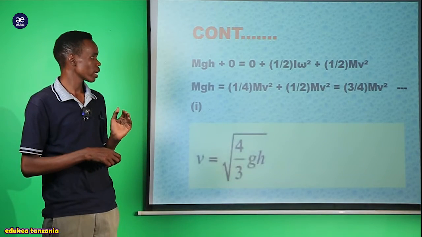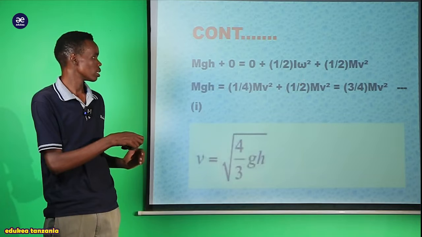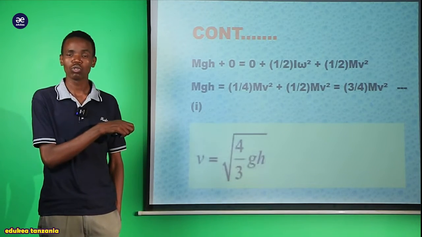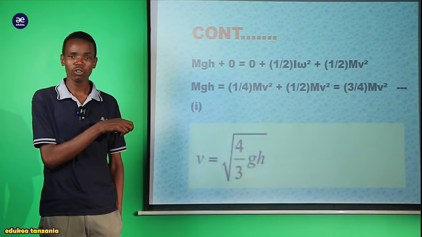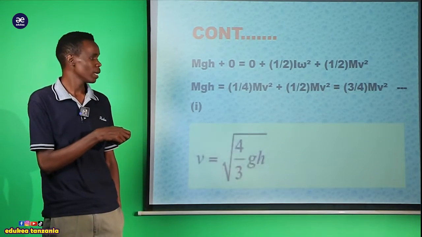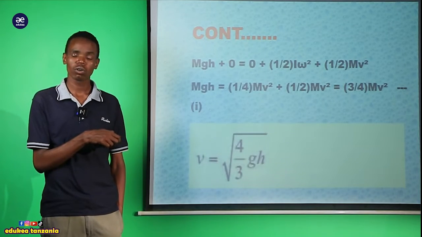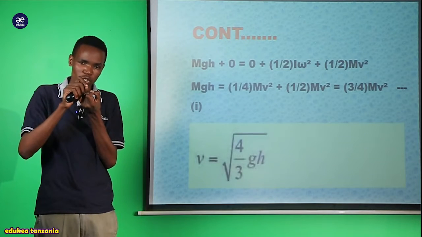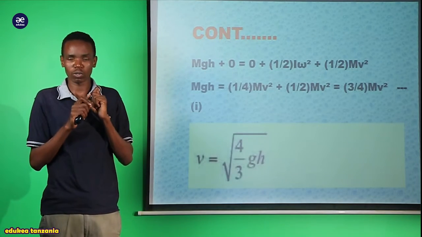So instead of writing I, we substitute half mr squared. Then the remaining factor is r squared, and we obtain the product of r squared times the angular velocity squared.